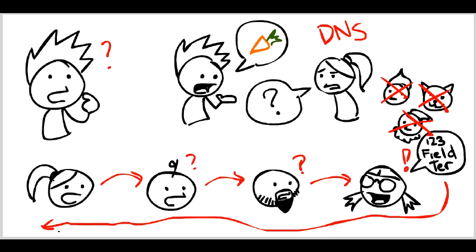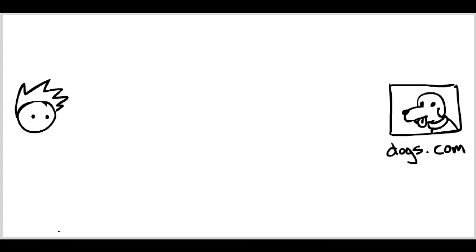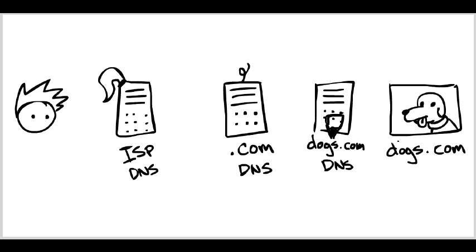And very similarly, that's how DNS works too. So let's say that you are trying to go to dogs.com. So like before, you're going to ask your friend DNS.